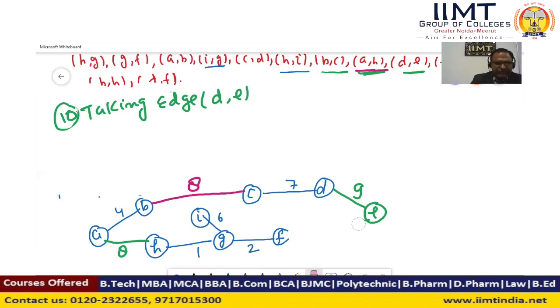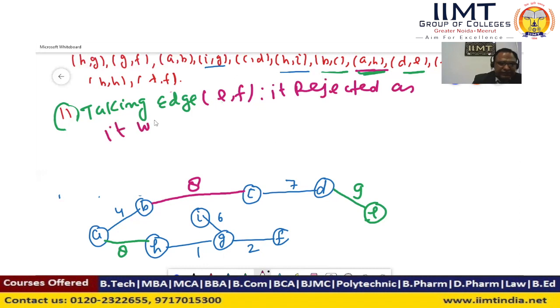Means in step number 11, taking this edge E comma F, it is rejected as it will create a cycle.